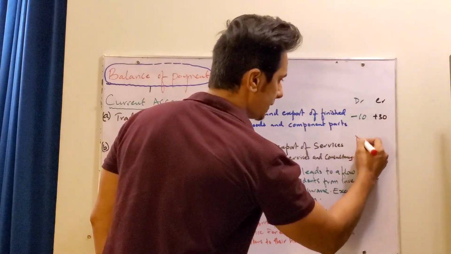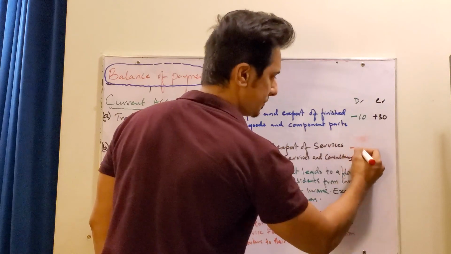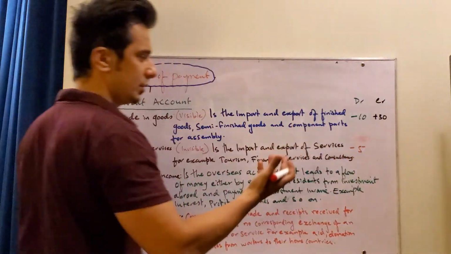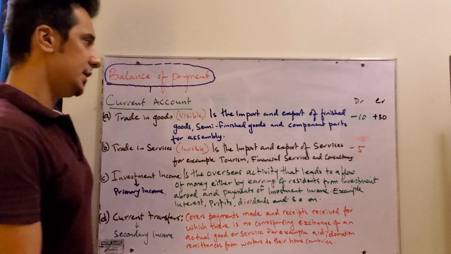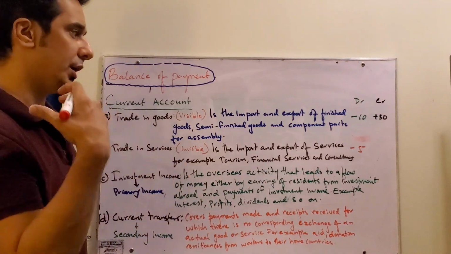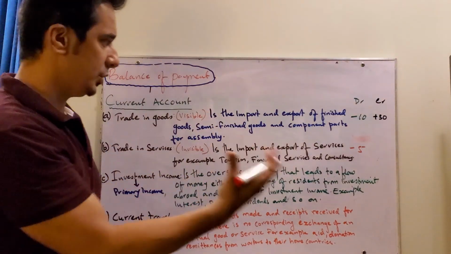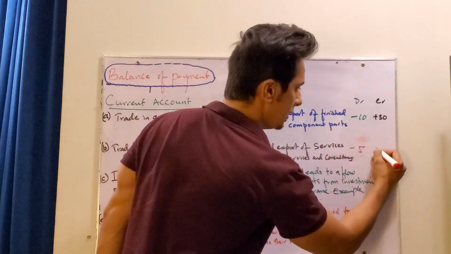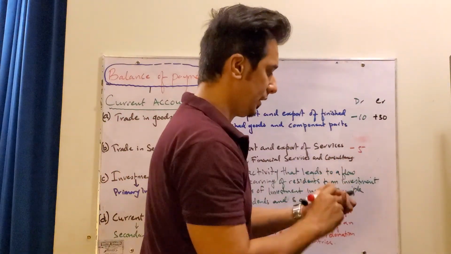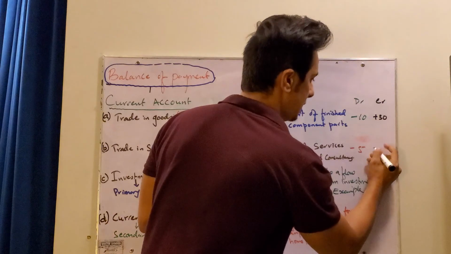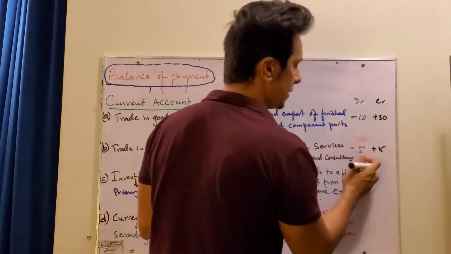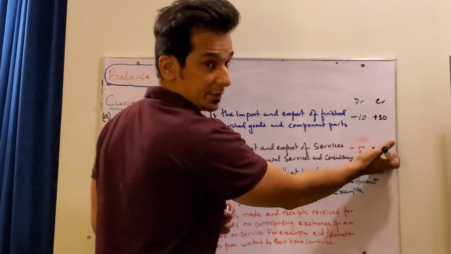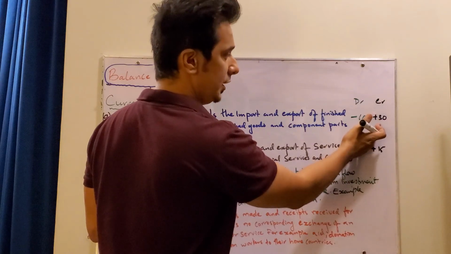So this is a debit because money is going out of the country. Let's suppose it's worth 5 million, or maybe $5. And Japan decides to train some workers in the US, and that's worth 15. So this is a plus, 15 plus. So this makes how much? Again, they have a surplus of 10 in this one. They had a surplus of 20 in the previous one.